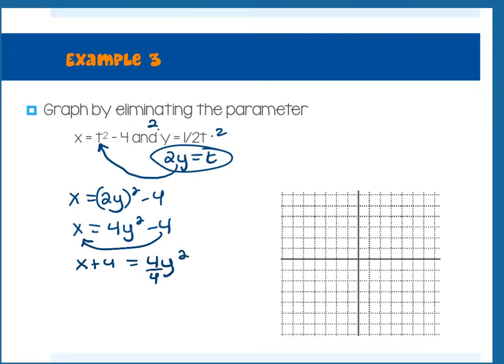And then I have to get rid of this 4. So it would be 1/4 x plus 4 equals y squared. Or you could switch that order around, and I'd get y squared equals 1/4 x plus 4. So this tells me it's a y squared, which means it's turned right or left.